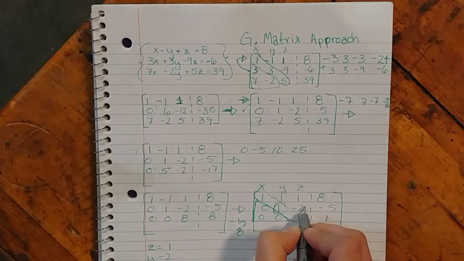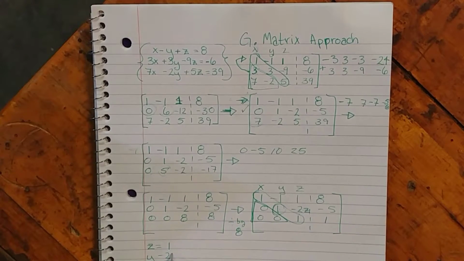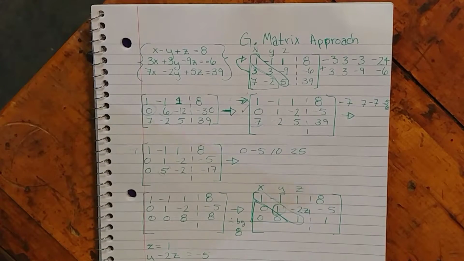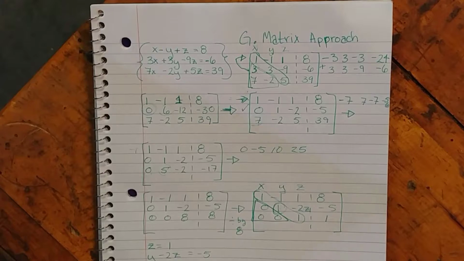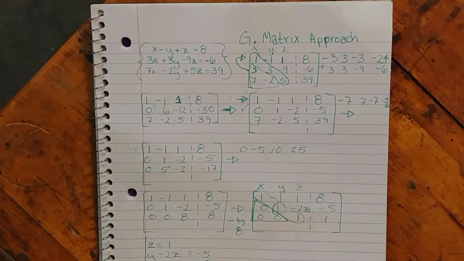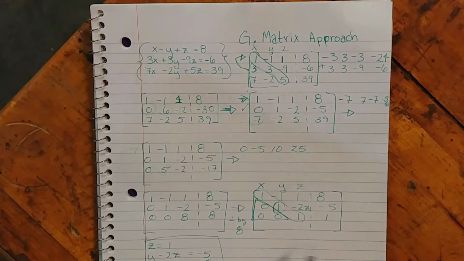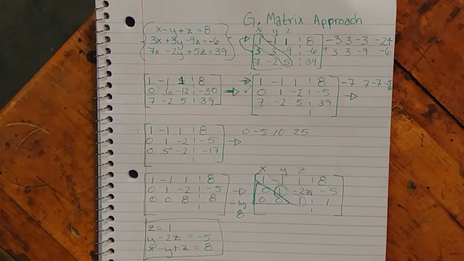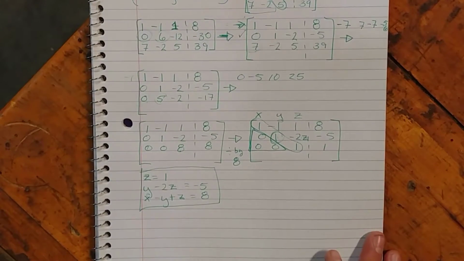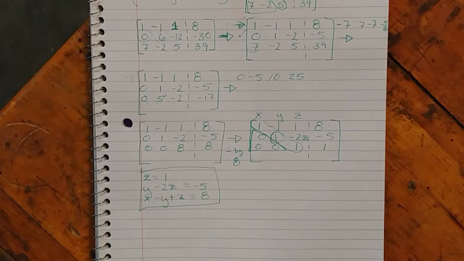Don't forget that this represents a z, so we can't forget the z right there. Equals negative 5. Then I have an x minus a y plus a z equals 8. Boom. Now it's just simple algebraic stuff. Oh, sorry. Didn't realize you couldn't see that. Okay.